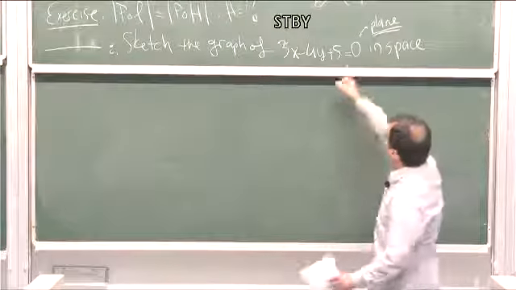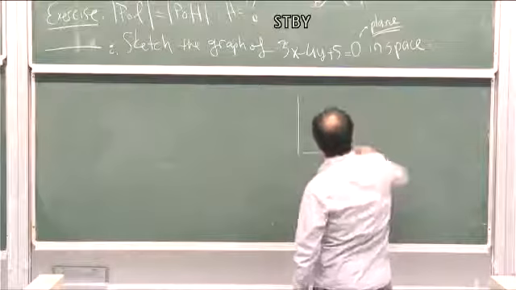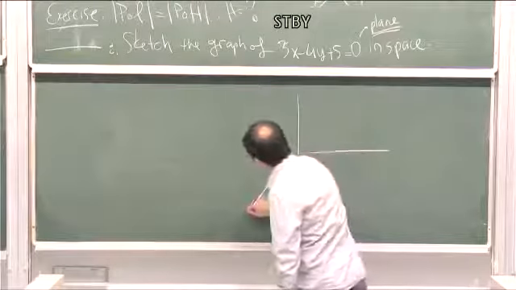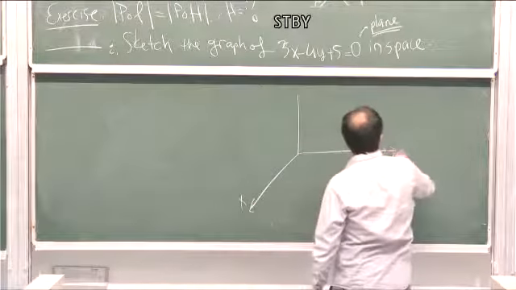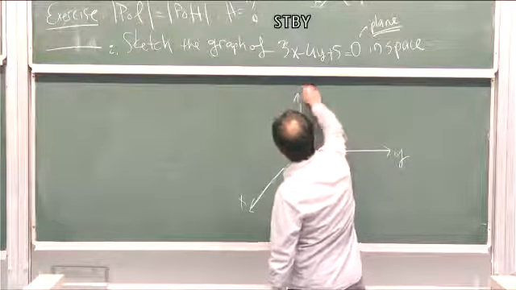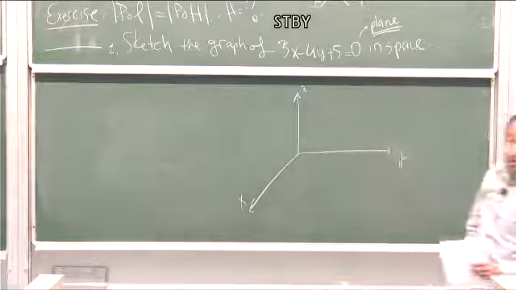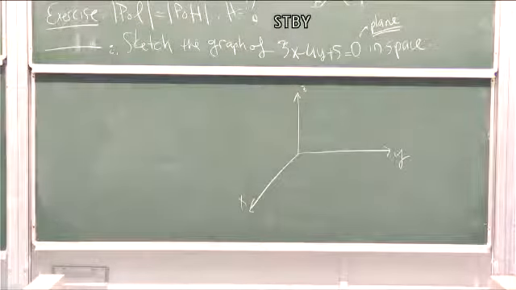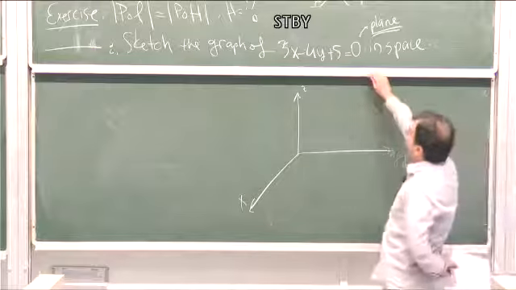So 3x minus 4y plus 5 equals 0. Now I consider it in space, so I have x, y, z coordinates. Okay, and then I'm going to sketch. This will be a plane.